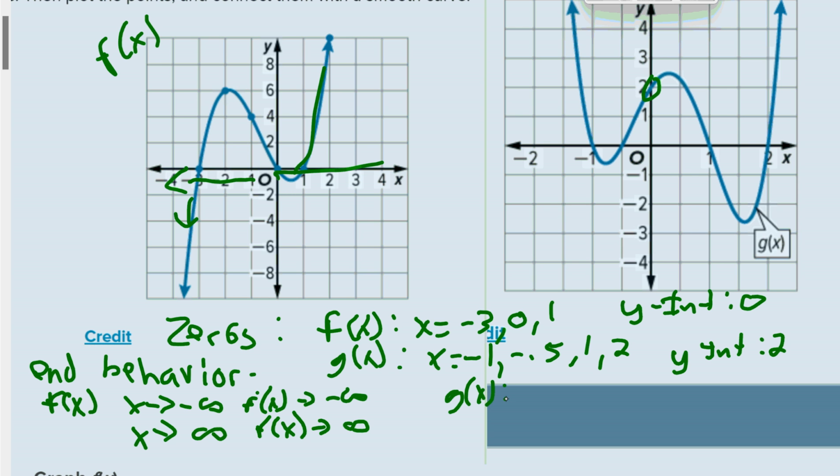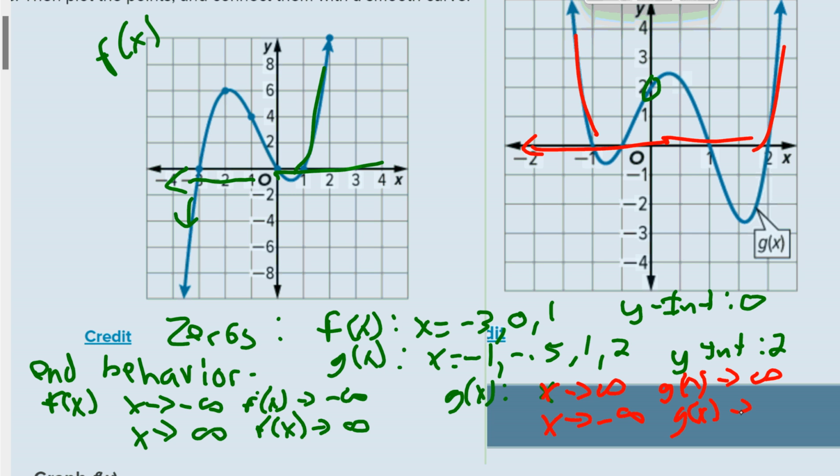As x goes to infinity, as I go this way, my graph goes up, so g of x goes up. And as x goes to -infinity, as I move to the left, my graph also goes up. From that, you should be able to tell what type of polynomial function it is.